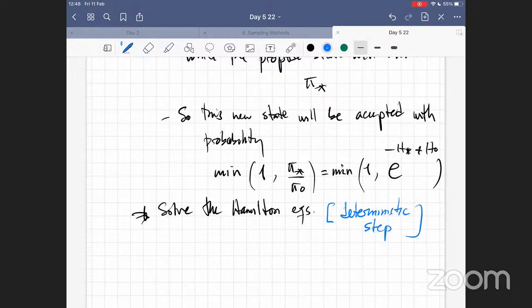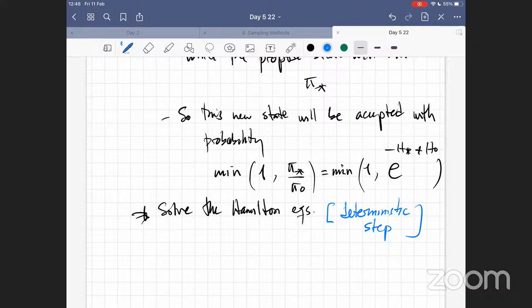I am solving the equation for a given amount of time, L, and then I get a state after solving this equation, which then this is the stochastic step where I compare it with the previous step at the very beginning, and then I decide to accept it or not.